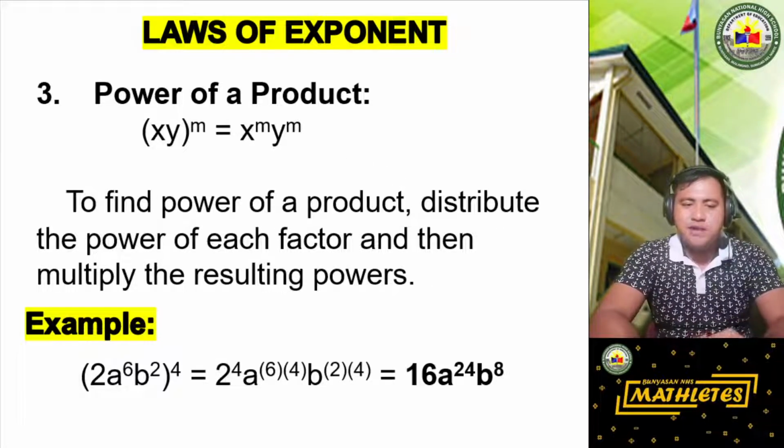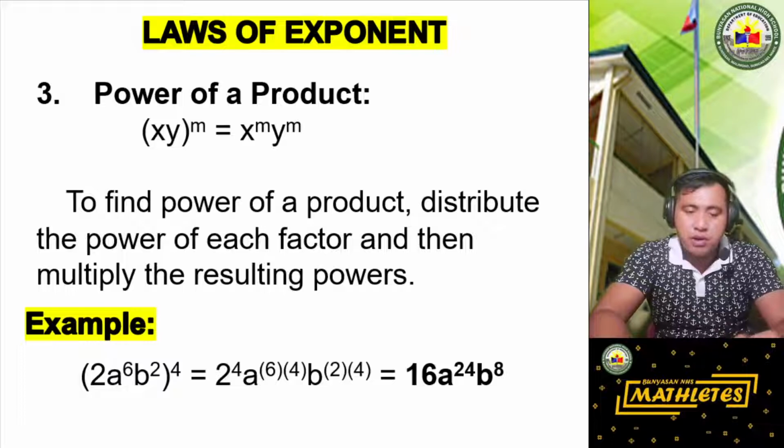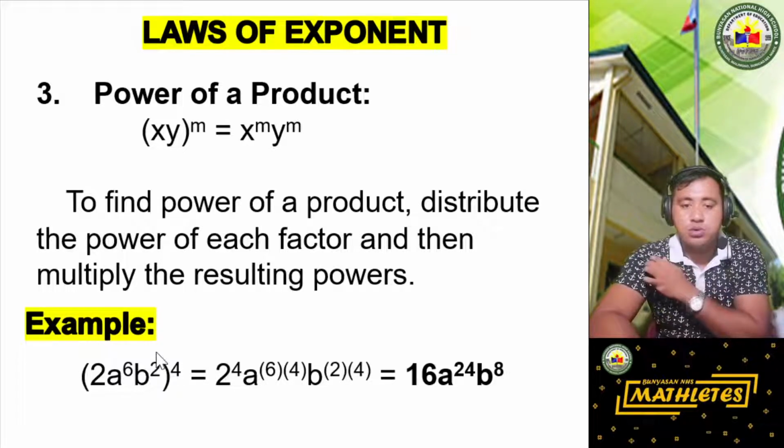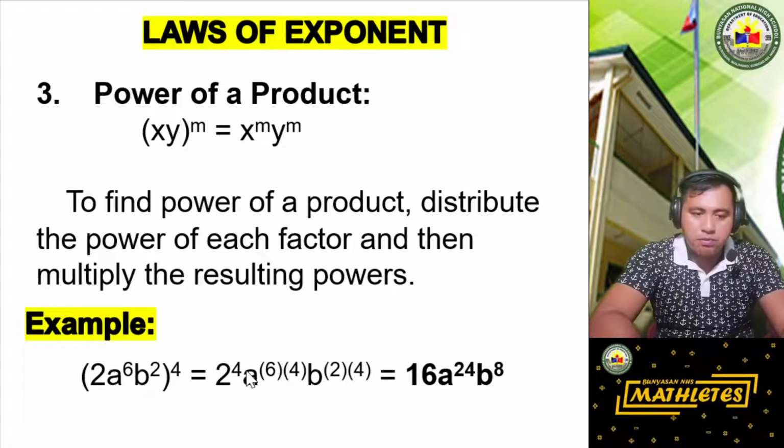Okay. For example, the quantity of 2a to the power of 6, b to the power of 2 is raised to the power of 4. So, you have to distribute this power of 4 to each factor, including 2. So, that is 2 raised to the power of 4.